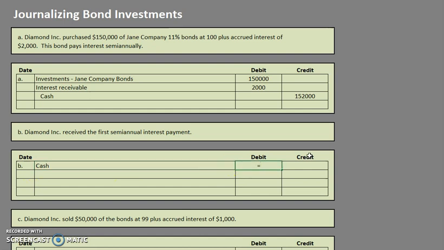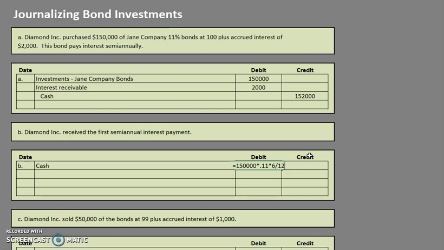Now, remember our formula for interest is PRT, principal times rate times time. In this case, our principal is $150,000, our rate is 11%, and it's semi-annual. So we are going to get the interest for just the 6 out of 12 months.